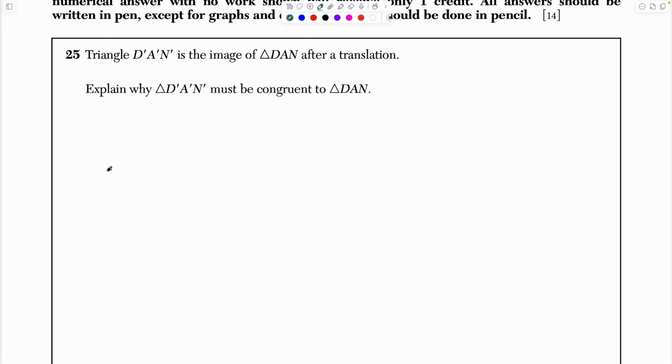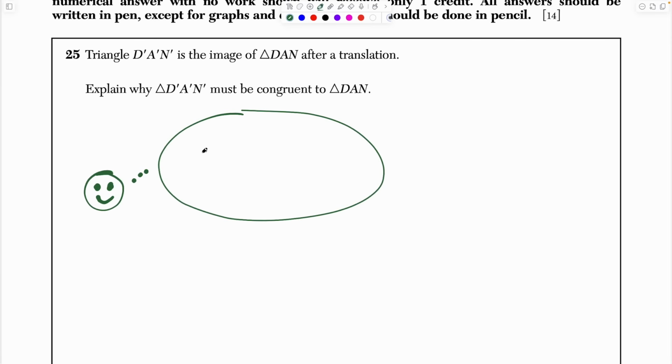So for this one, the idea that we need is that when you have a triangle or any shape and you translate it, translating just means you slide it. So if all you do is slide or move the triangle, the triangle does not change size or shape, okay? So the new triangle is going to be congruent to the original.